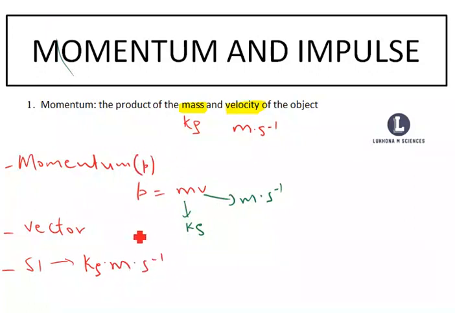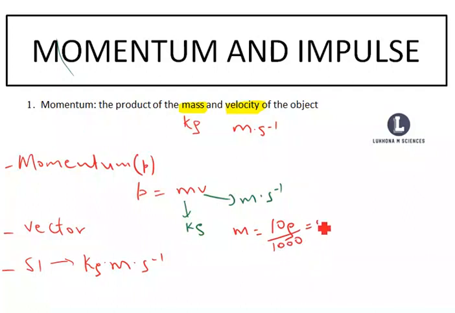So if it happens that your mass is in grams, let's say you have 10 grams, you have to convert the 10 grams to kilograms, which means we are going to divide by 1000 to get the mass in kilograms.